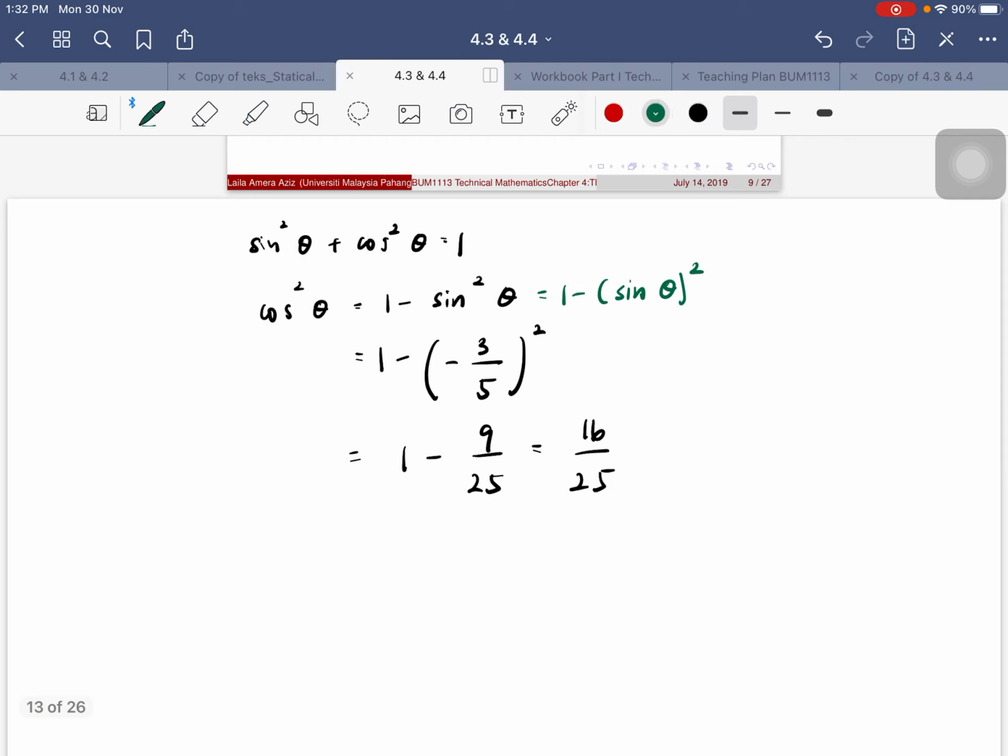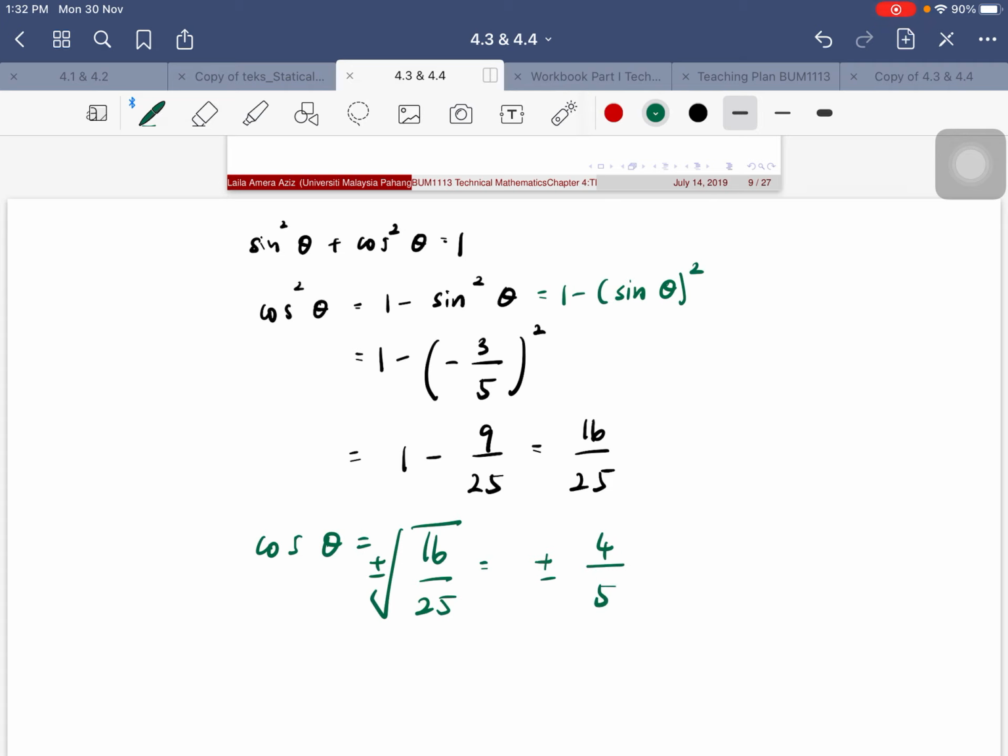But we don't want cos square theta, what we want is cos theta. So of course cos theta is going to be the square root of 16/25. I'm not sure what's wrong with the pencil, seriously. So this is the square root of 16/25, which could be either plus or minus 4/5.